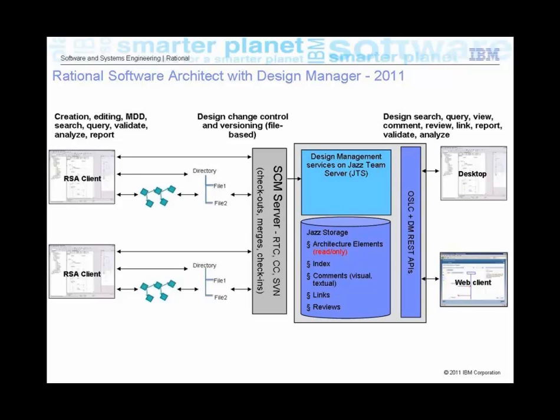And then there was a secondary process called the import engine, which took models out of the configuration management server and loaded them into Design Manager. So there used to be a little bit of a lag between you making a change and that being immediately available on the web for people to go and have a look at, or available on the DM server.